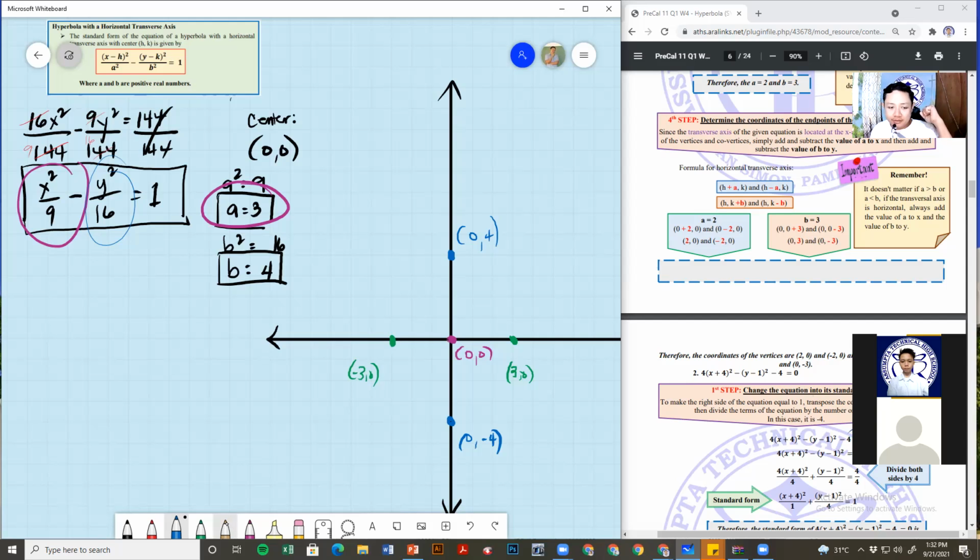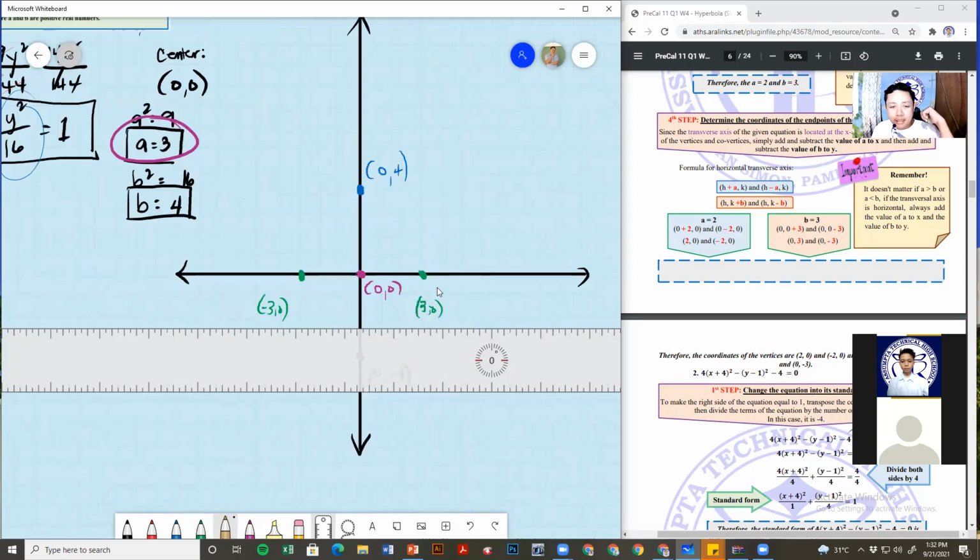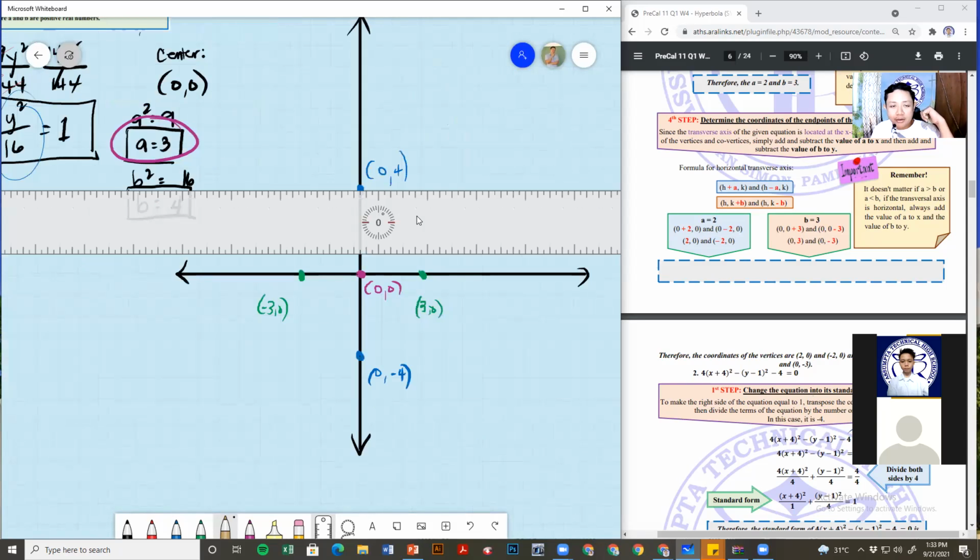Now, next thing to do is this. Please take note of this. We already now have the vertices. Our green points are our vertices because it's horizontal. And we also have the blue points, which are our co-vertices. So the next thing to do is to draw a box connecting all these points. Ayan. So from here, let me use this color brown. I will make a box.